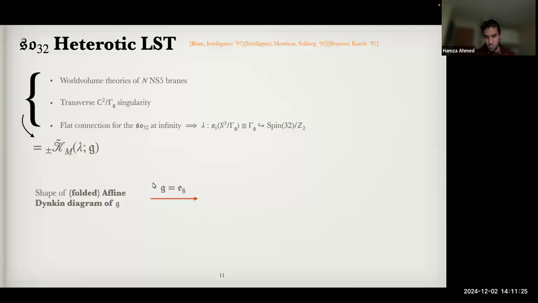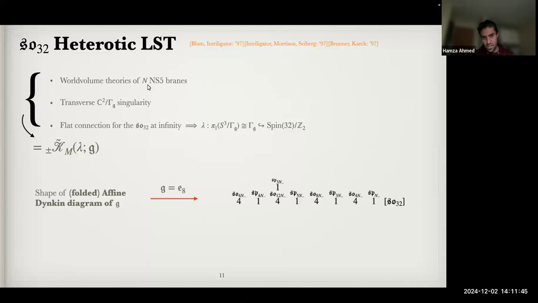So let me give you a visual example: if you pick the singularity, let's say, to be E8, you get the following quiver, where you see the full SO32 factor here, and you see the Dynkin diagram of affine E8.